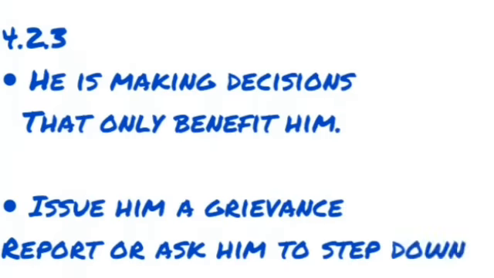So we agree with the directors because he is making decisions that only benefit him. So he's trying to protect his position, not thinking about the well-being of the company itself. What should they do? They should issue him a grievance report or ask him to step down as the CEO or as the majority shareholder. He should at least not hold one of these positions since he's not making good decisions for the company's well-being.